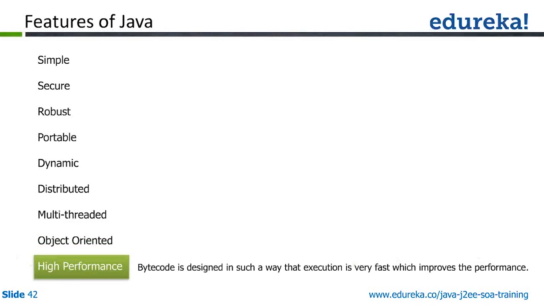And finally, we come to performance. Yes, Java has a lot of performance advantages. We'll see it has many technologies. When I talk of performance, I don't just mean the speed at which code executes.